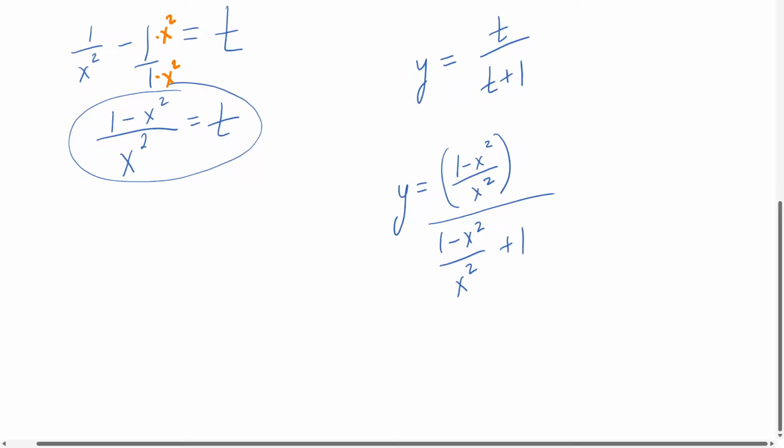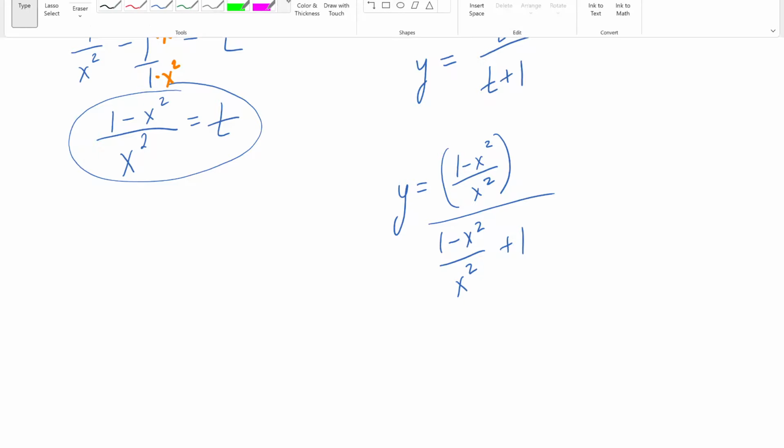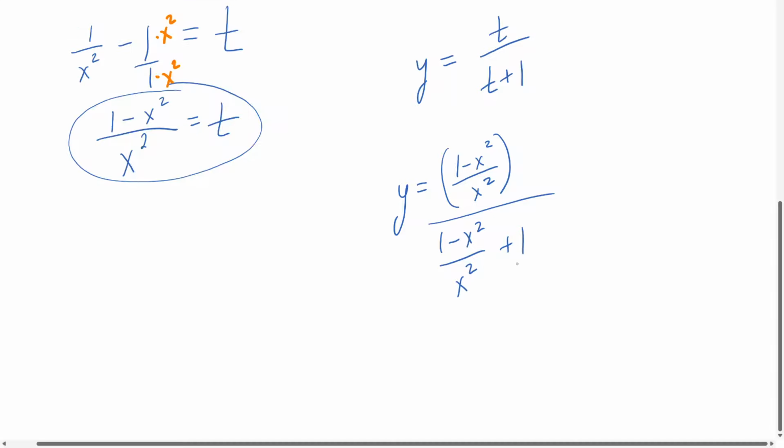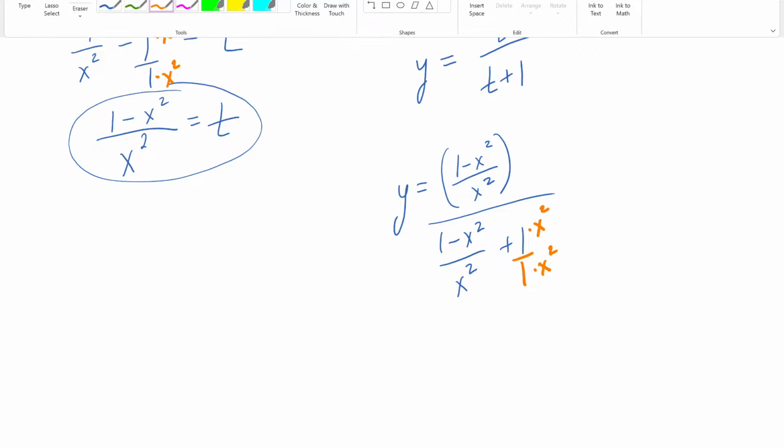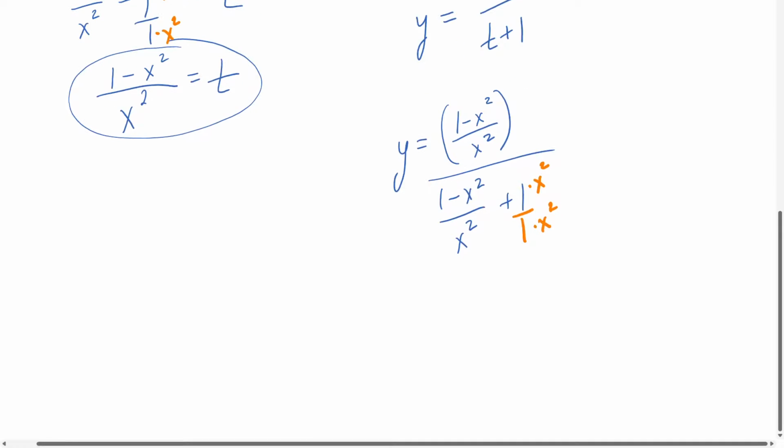Okay, something like that. Let's simplify that bottom part first. If I do a common denominator, this would be 1 minus x squared plus x squared, so this would just be 1 over x squared.